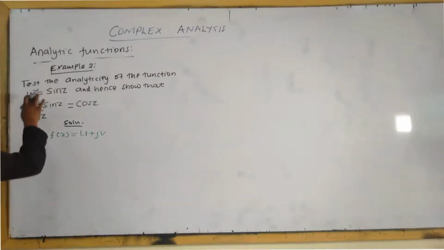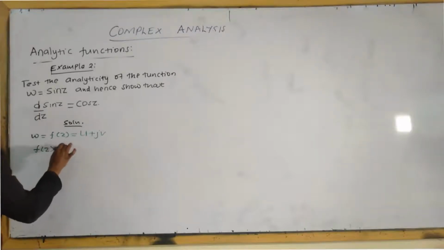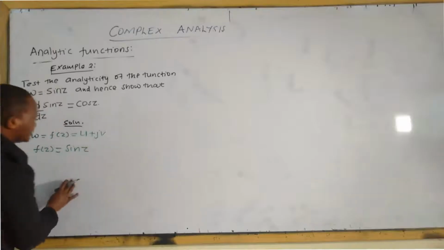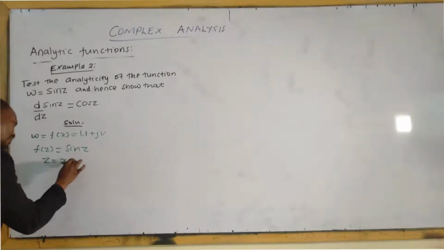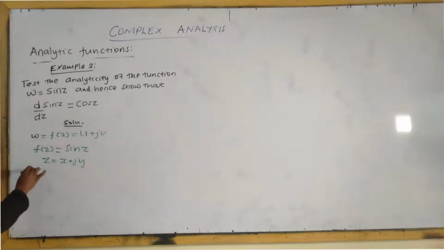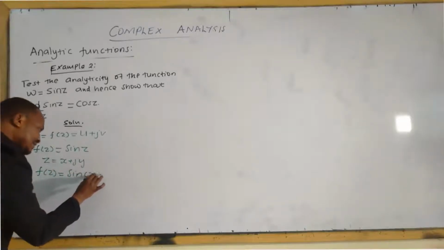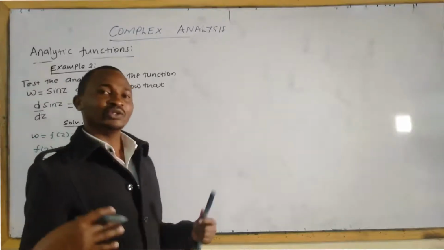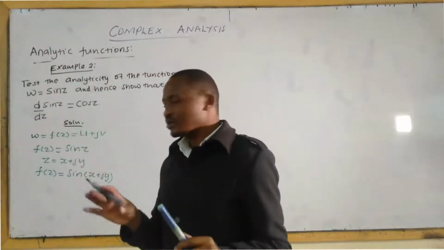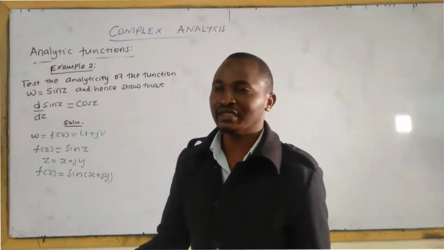So our function of z, which is w in this case, is equal to sine z. But we know z is equal to x plus jy. So you can say function z is equal to sine bracket x plus jy. Because from your work in trigonometry, again, notice how I keep on referring to first year work.